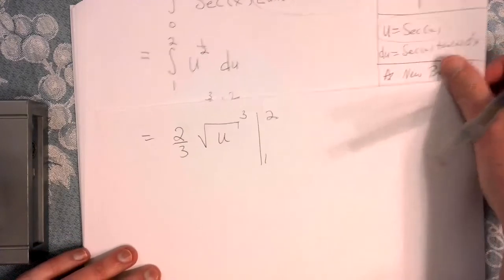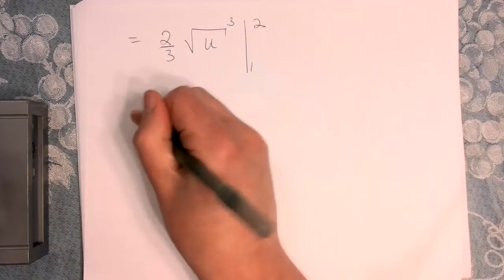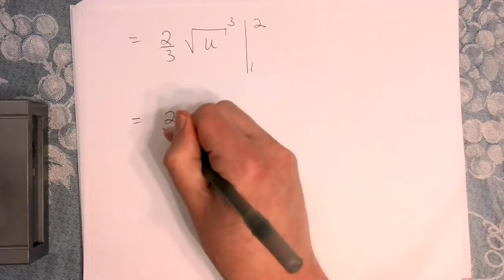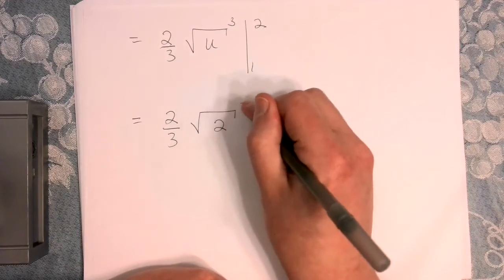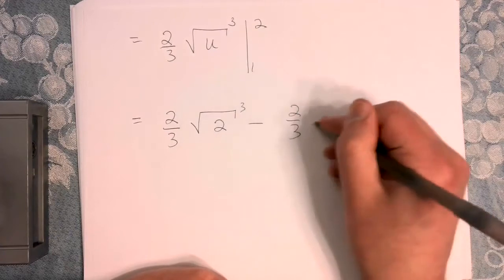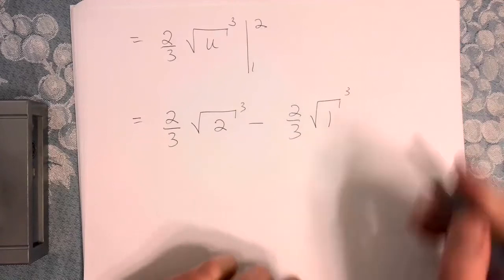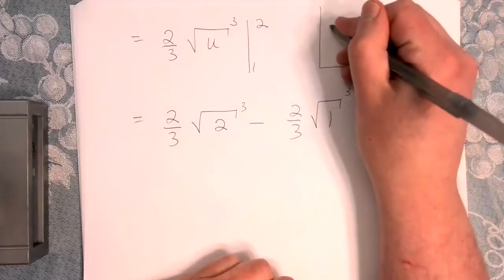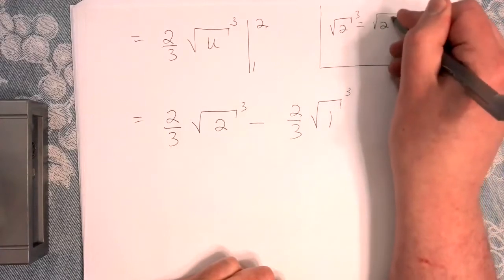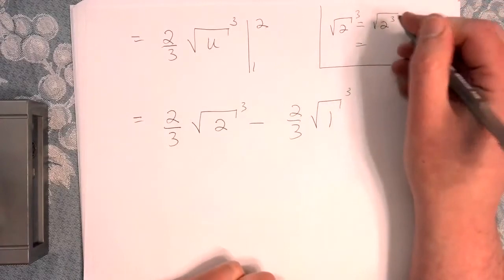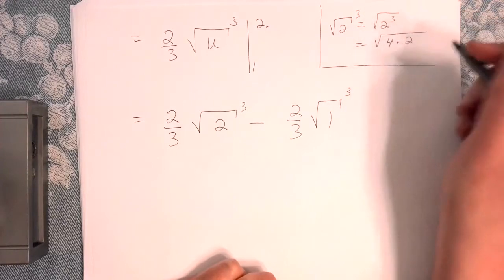Okay, so let's see what we have here. So we've got 2/3 times the square root of 2 cubed minus 2/3 times the square root of 1 cubed. Now, the square root of 2 cubed is exactly the square root of 4 times 2.